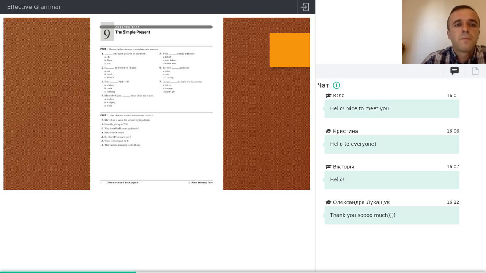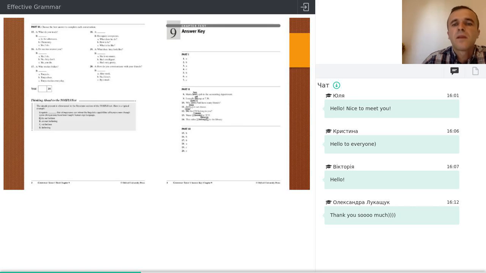Then in part 2, they have to find the error in each sentence and correct them. And part 3 is a task on logic in dialogues. Here it's very convenient for you because you can also use the answer keys.